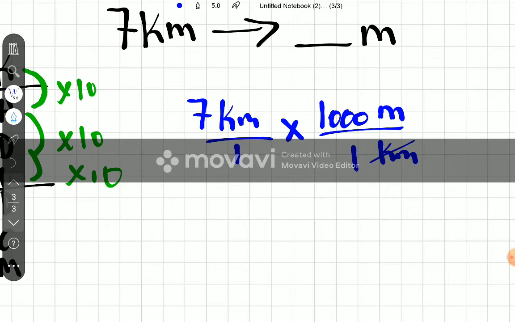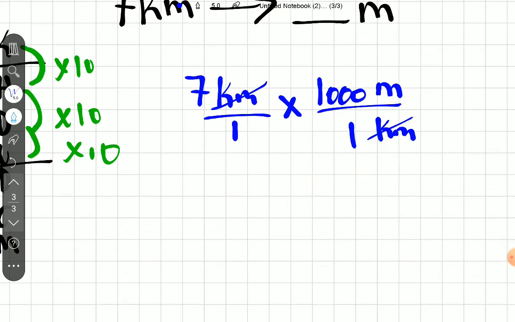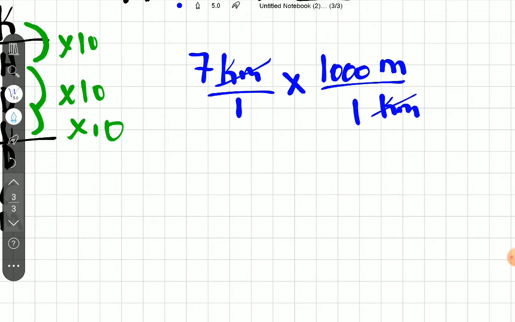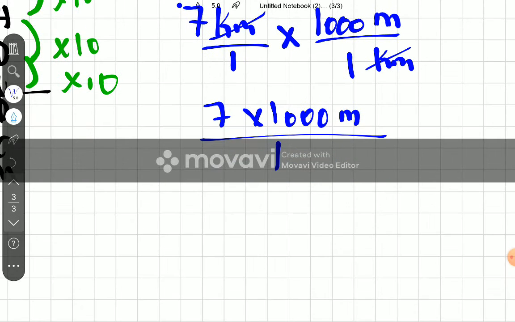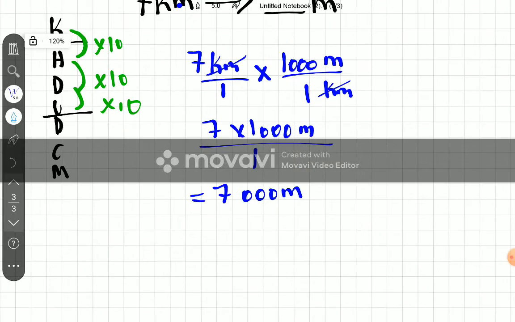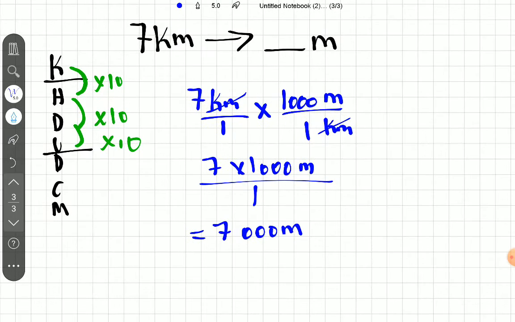So now kilometers cancels, and then we're left with meters. So basically now all we need to do is multiply and simplify. So 7 times 1,000 meters divided by 1. So this is just 7,000 meters, or 7,000 kilometers, sorry, yeah. And that makes sense because 1 kilometer has 1,000 meters, and basically just multiply.